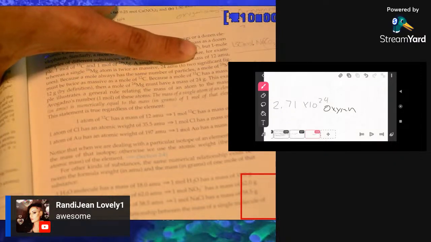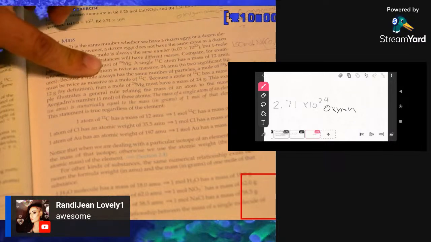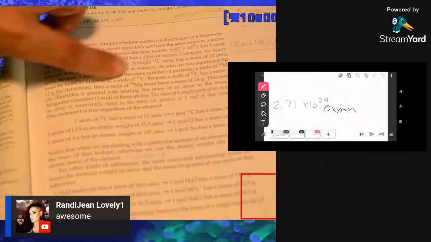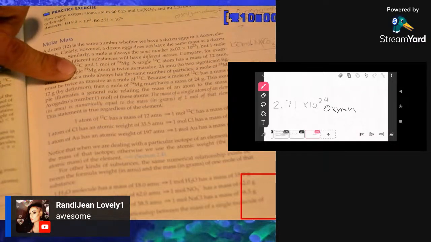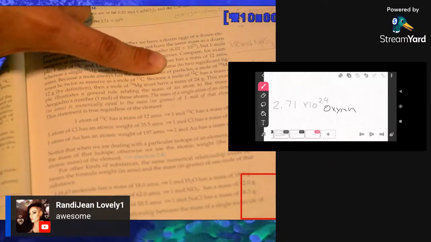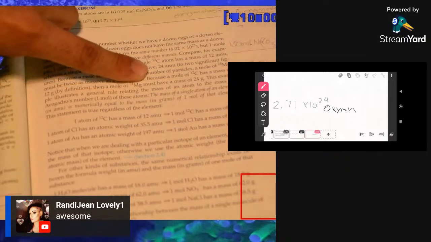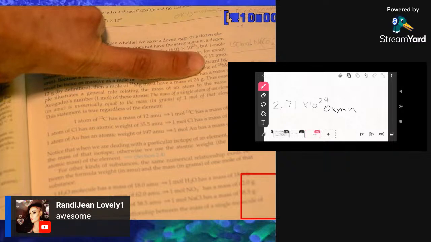Because a mole always has the same number of particles, a mole of magnesium-24 must be twice as massive as a mole of carbon-12, because a mole of carbon-12 has a mass of 12 grams by definition, and a mole of magnesium-24 has a mass of 24 grams.